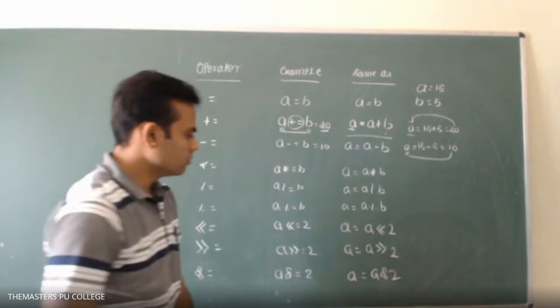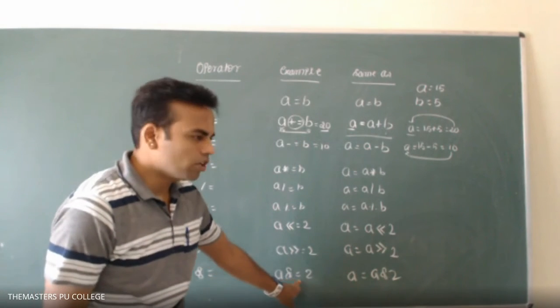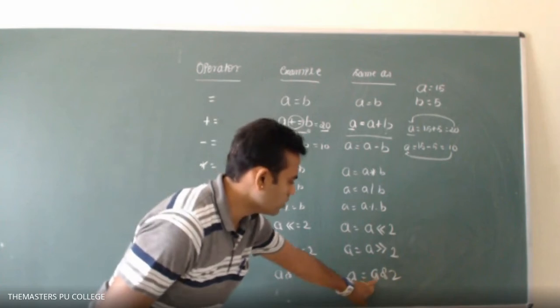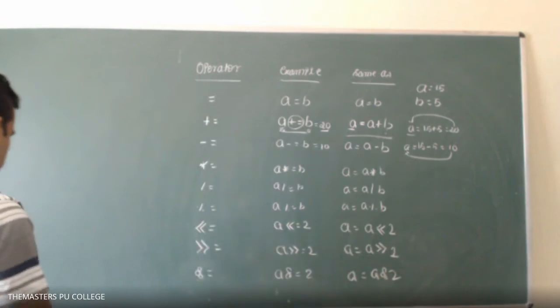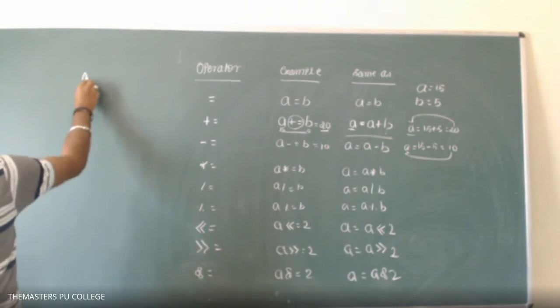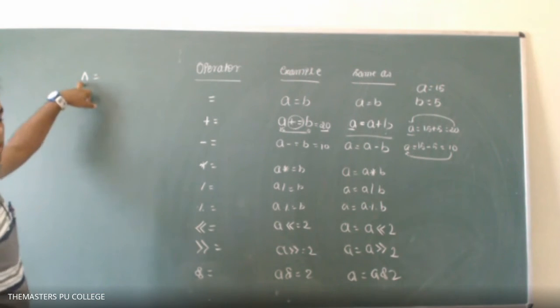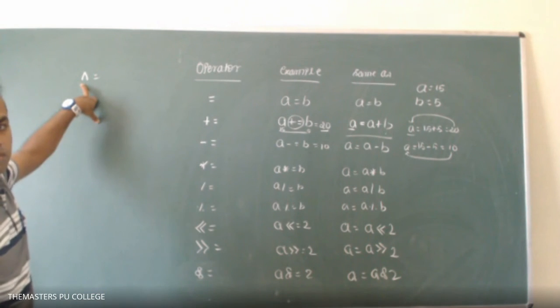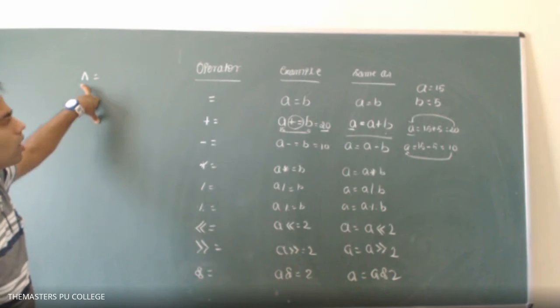See, A and equal to 2 means A is equal to A and 2. Next, what is this operator? Exclusive OR. Yes, it is a bitwise operator, exclusive or equal.